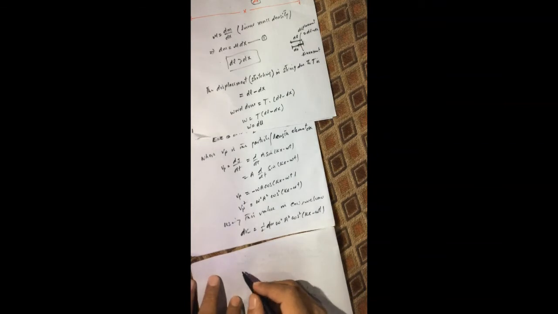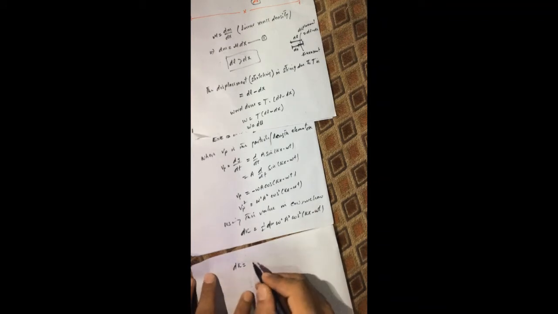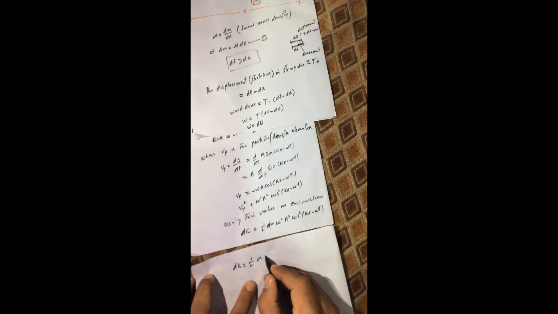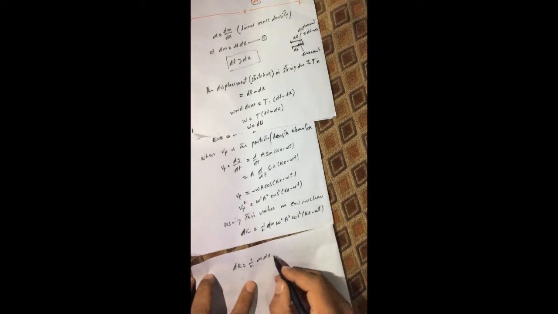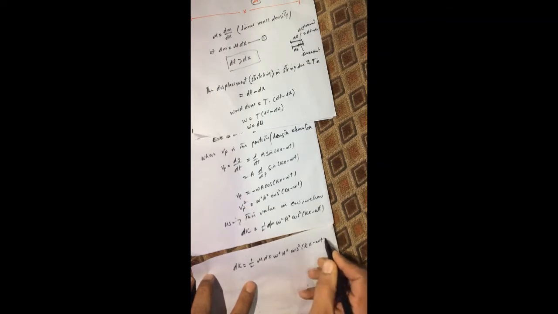So if we put it here, then dk will be equal to 1/2. Now this dm is mu times dx, and then we have omega square a square cos square kx minus omega t.